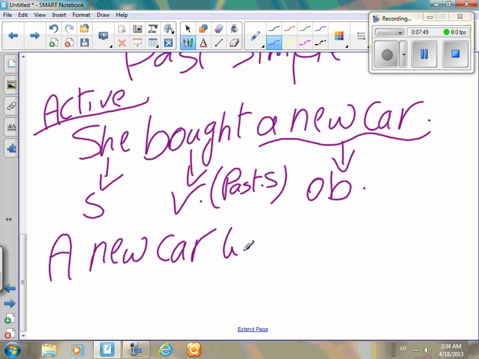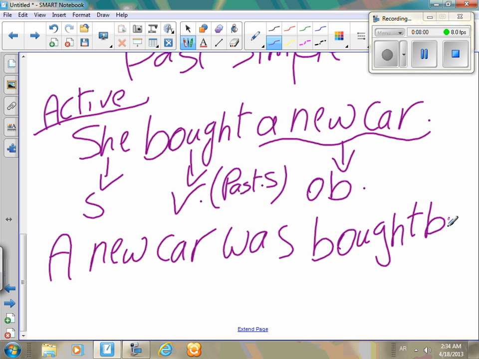Was. And what is the past participle of bought? Bought. And then add by. And we are going to change it to what? Her. By her. This is the passive sentence of the past simple.